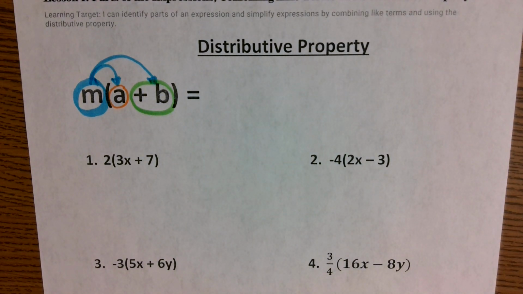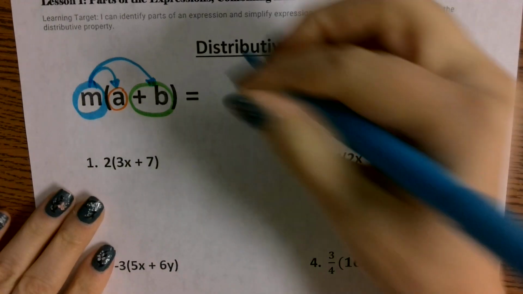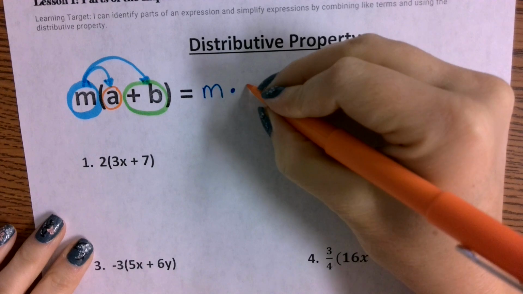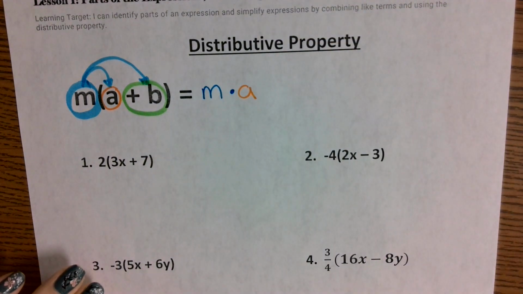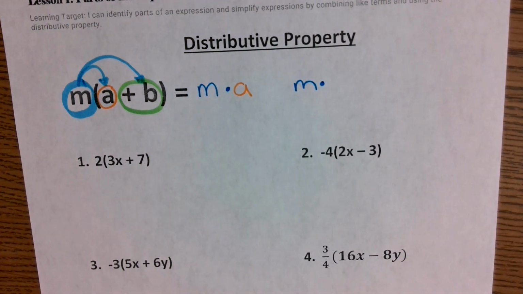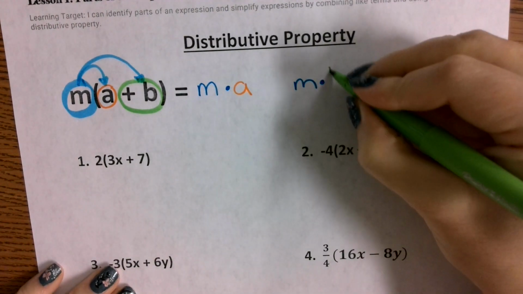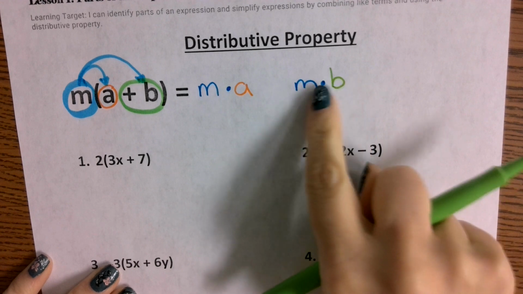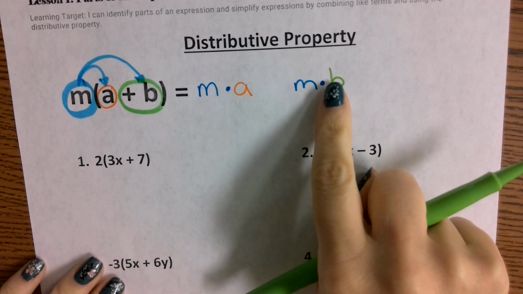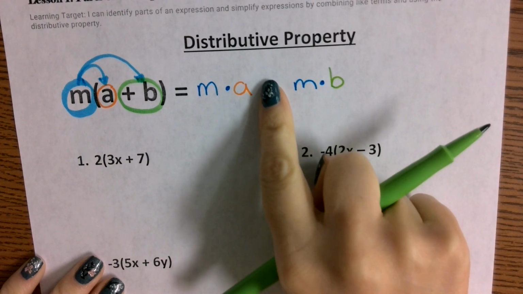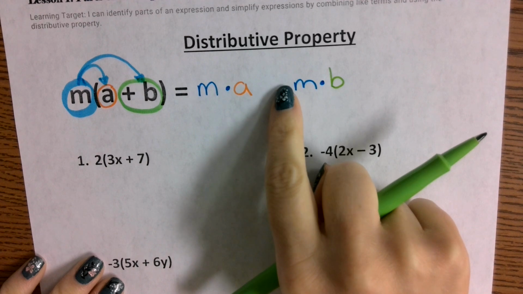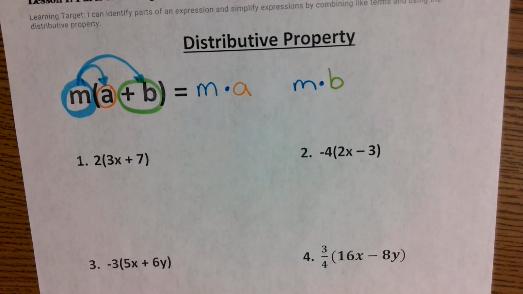So that when you write it out, it comes out as m times a, and then m times b, and then whatever result you get from m times b, whatever sign it is, if it's a positive sign, you would put a plus in between the terms. If it was a negative, then that negative would act like a minus sign between the terms.